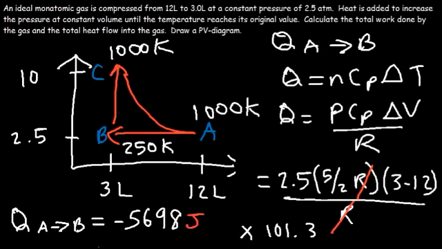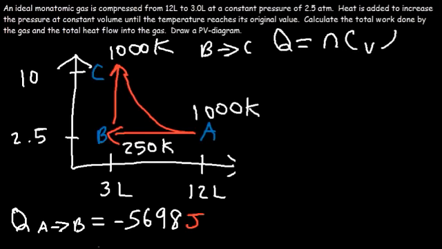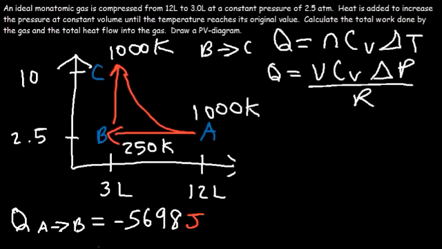Now what about from B to C? How can we calculate Q? From B to C, you can use this equation. Q is equal to n Cv delta T, since the volume is held constant. Or we can use this equation, V Cv delta P divided by R. Let's go ahead and use that one. So V is 3 liters from position B to C. It's a constant 3 liters.